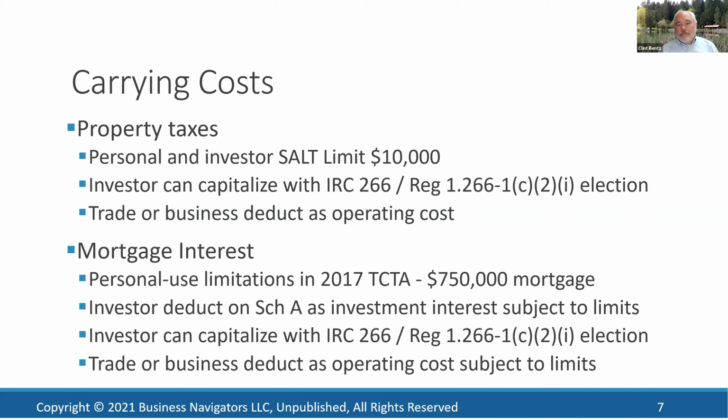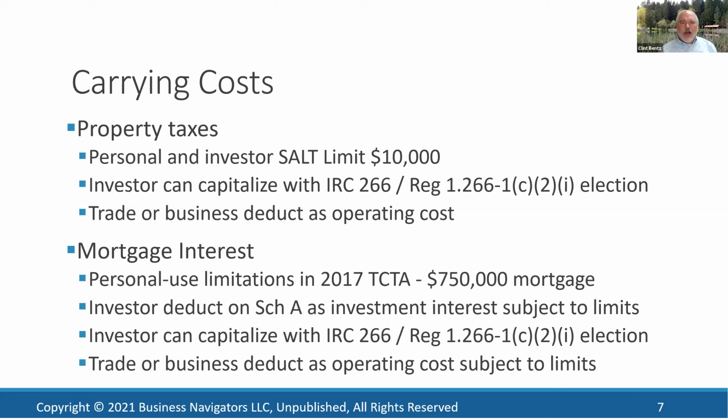That's capped for federal purposes, but for Oregon, the full amount of the property taxes are deductible. So that $10,000 limit does not apply to Oregon, and those can flow through. I believe that is correct on Oregon. Anyway, you're limited to $10,000 for federal.